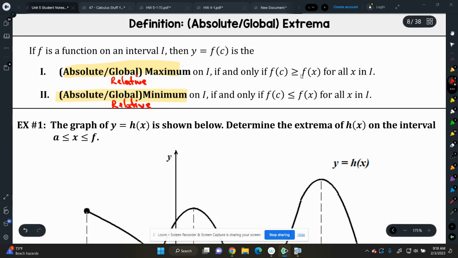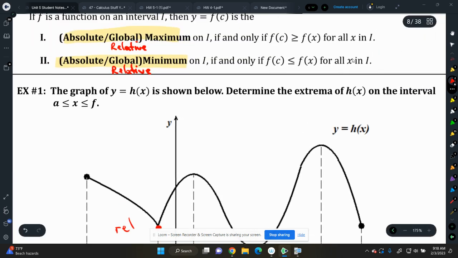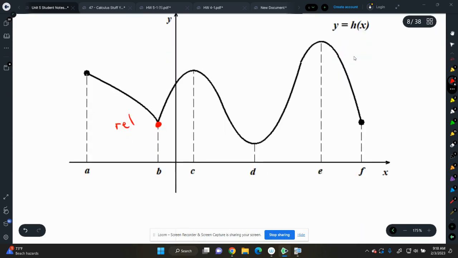So if we look at this graph here, point B would be a relative or local or global minimum. Relative, local, global, all interchangeable terms.